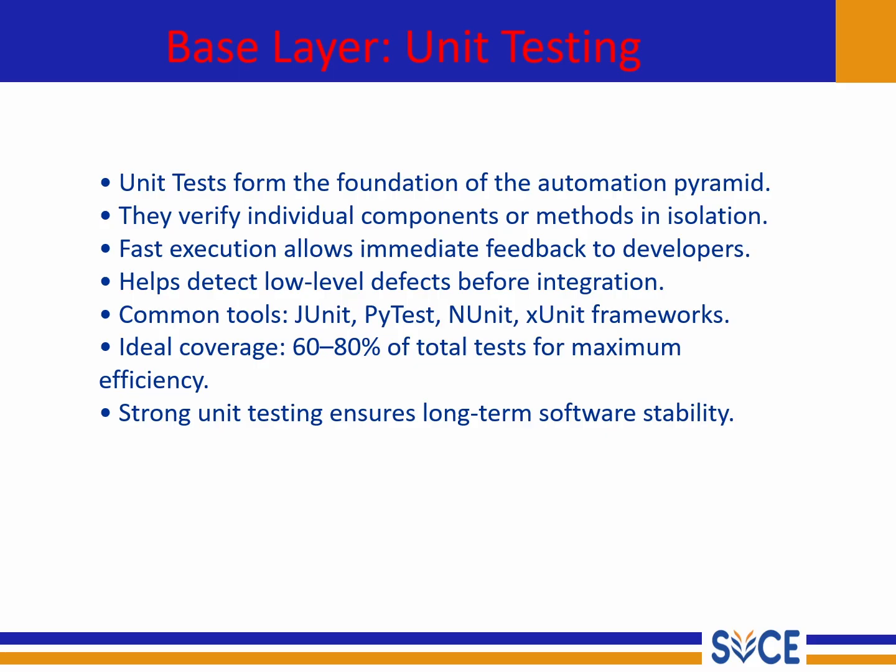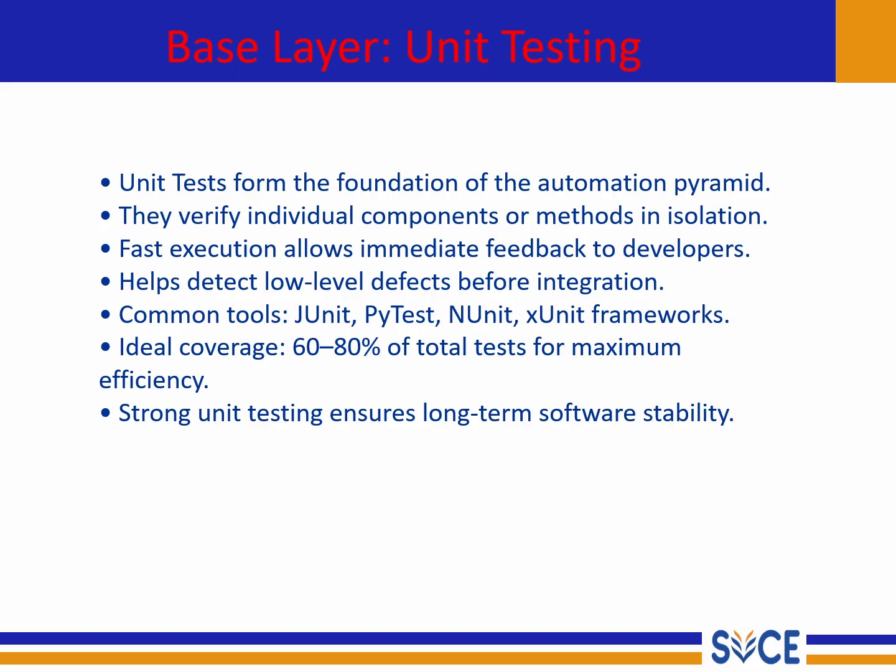Unit tests form the foundation of the automation pyramid and are the most important layer in test automation. These tests focus on individual components or methods of the software and are executed in isolation from other parts of the system. Since unit tests run very quickly, they provide immediate feedback to developers during the development process.